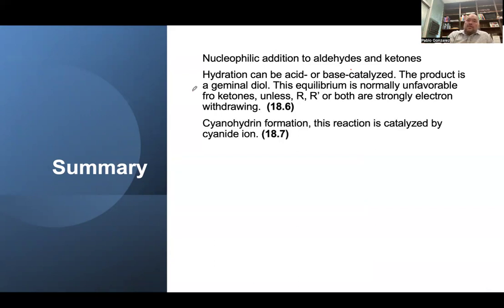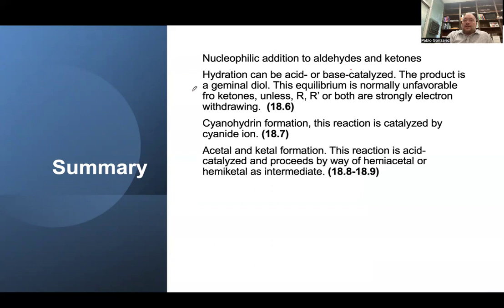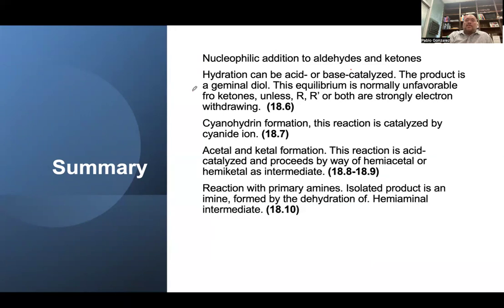Cyanohydrin formation. This reaction is catalyzed by cyanide ion instead of the acid, hydrogen cyanide. Acetal and ketal formation. This reaction is acid catalyzed and proceeds by way of a hemiacetal or hemiketal as intermediate. In the reaction with primary amines, the isolated product is an imine formed by the dehydration of a hemiaminal intermediate.